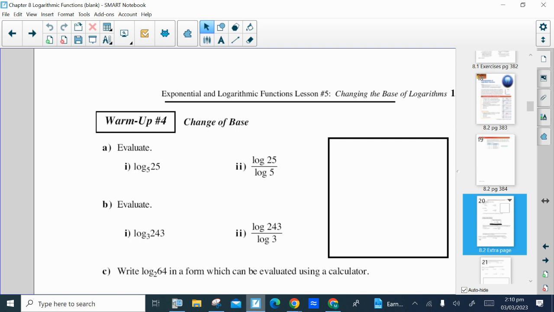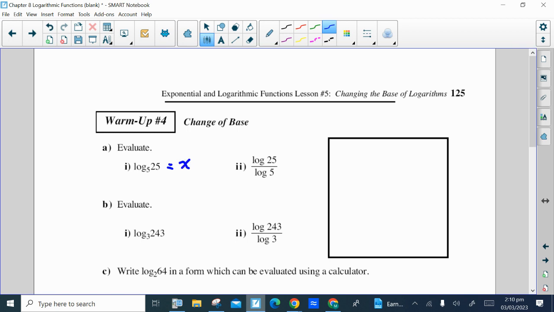What does that mean, Luhita? What does log base 5 of 25 mean? Exactly right.